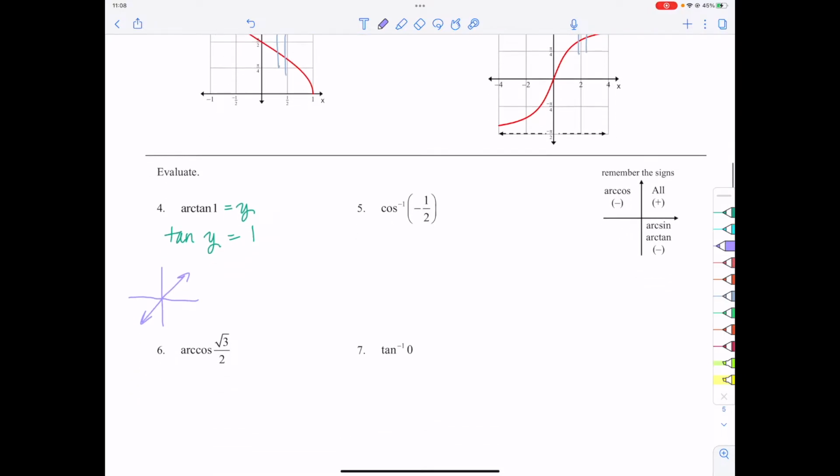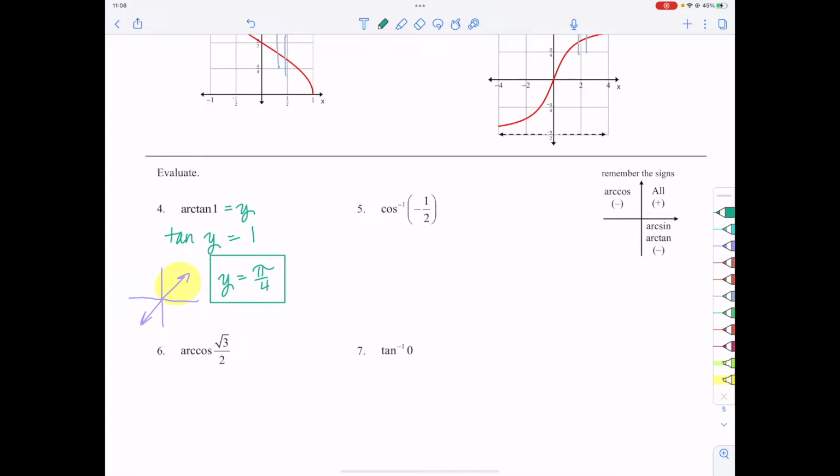So we have to come up with a value between negative pi over 2 and pi over 2. So we choose quadrant 1, and so y is equal to pi over 4, because the sine and the cosine are equal at pi over 4. So that would make the tangent equal 1.